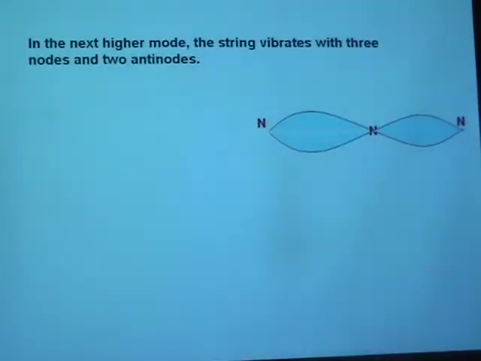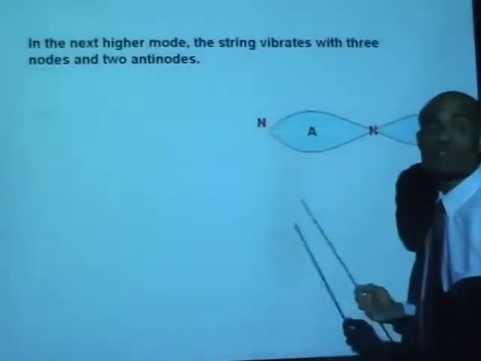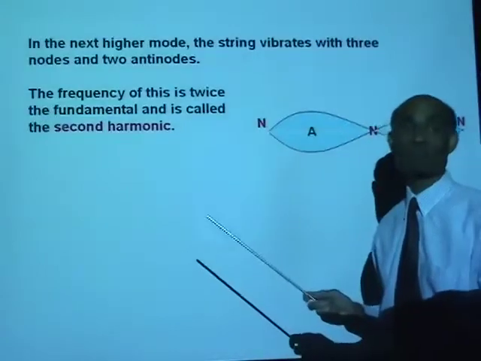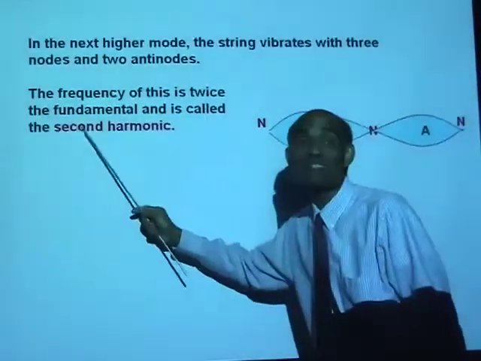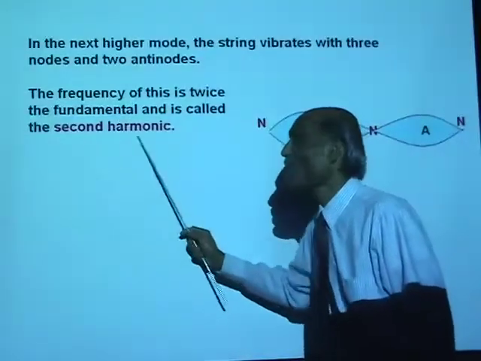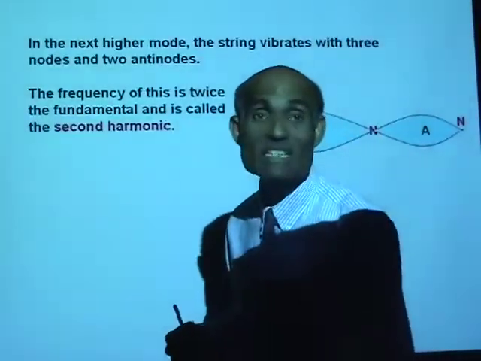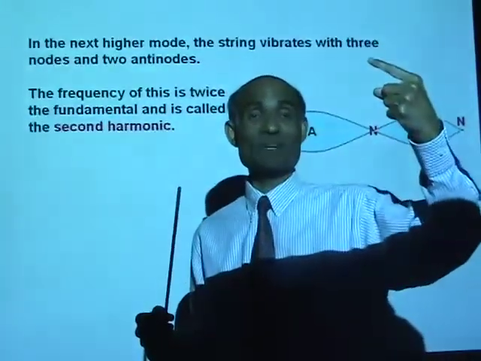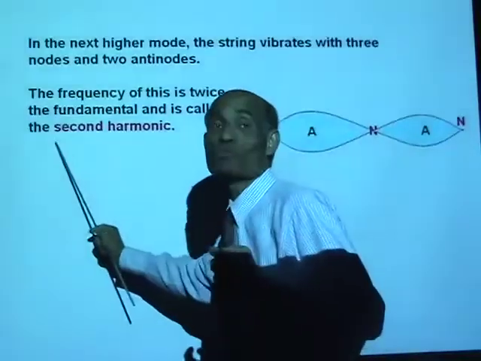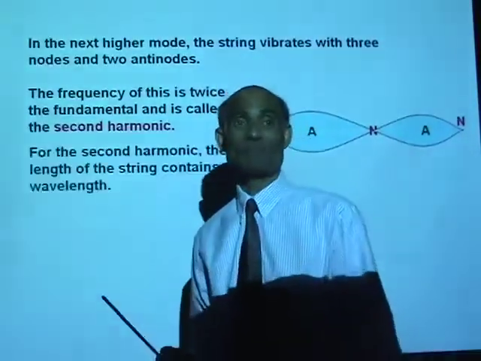There are 3 nodes, and how many antinodes? 2 antinodes. This is the second mode of vibration. The frequency of this is twice the fundamental and is called the second harmonic. The string is now vibrating at twice the fundamental frequency, and twice the fundamental frequency is called the second harmonic.